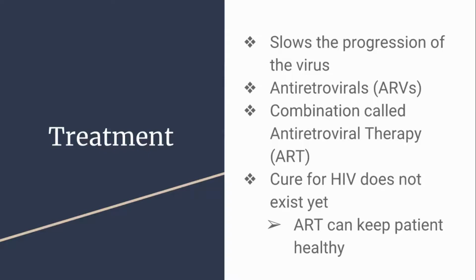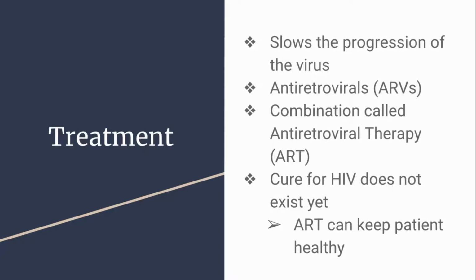ART has been used since the mid-1990s, and ever since, annual numbers of deaths related to AIDS have dropped over the past 2 decades. What ART does is it reduces the amount of viruses in your blood and bodily fluids. Because a cure for HIV does not exist yet, mostly treatment for HIV involves ART.